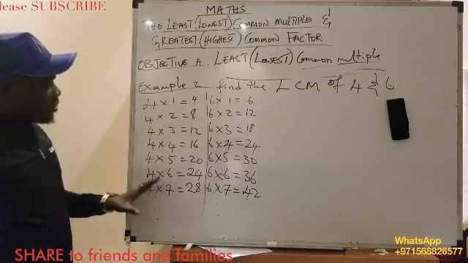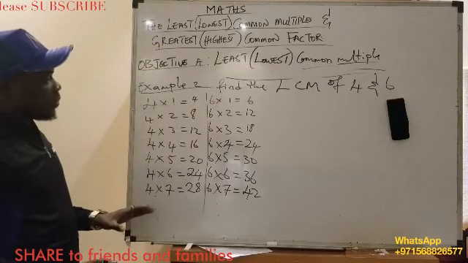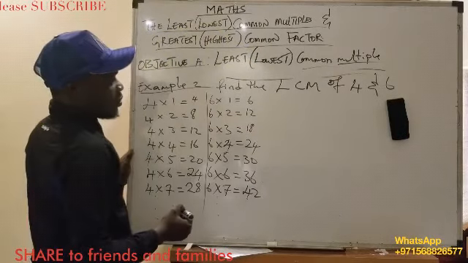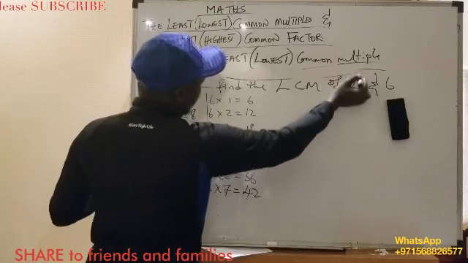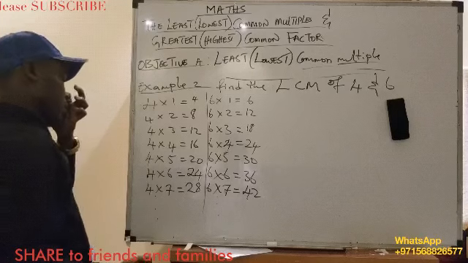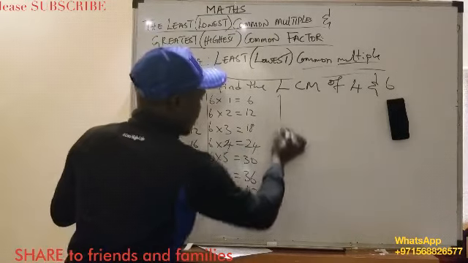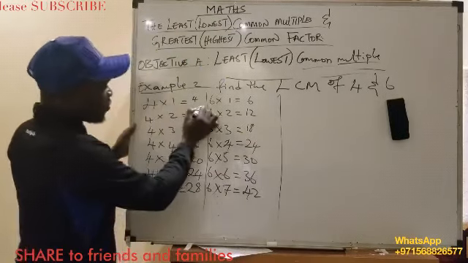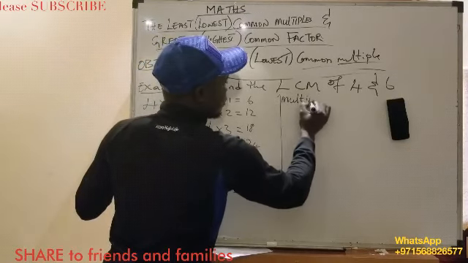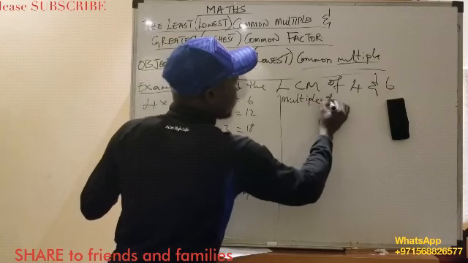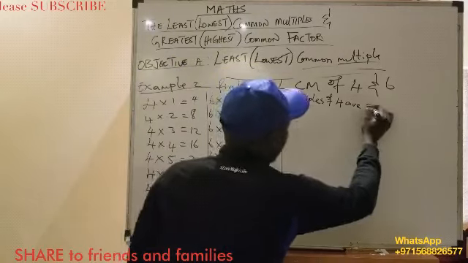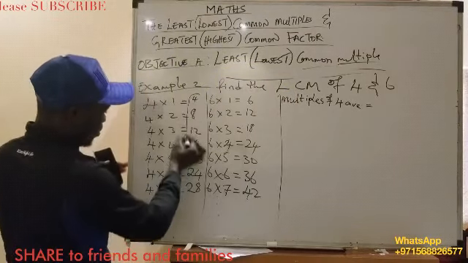So with these numbers now, we can use it to explain multiples. We can still use it to explain common multiples and what we mean by LCM. So it then means that the multiples of 4 are equal to all these numbers.